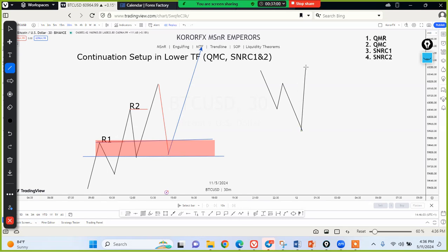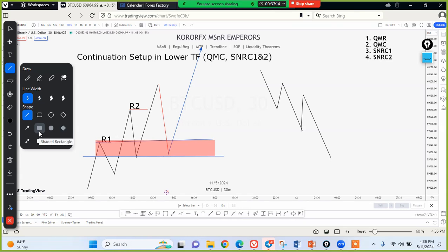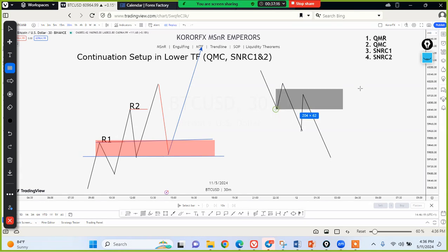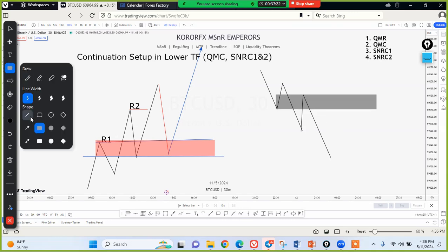It can break, or it can come somewhere here, or maybe here, but let us say here, okay. So our aim is to break this SNR2. Whenever SNR2 is broken, then we know our zone, right? We have to know our zone, okay. That's our zone where we are expecting the price to pull back.